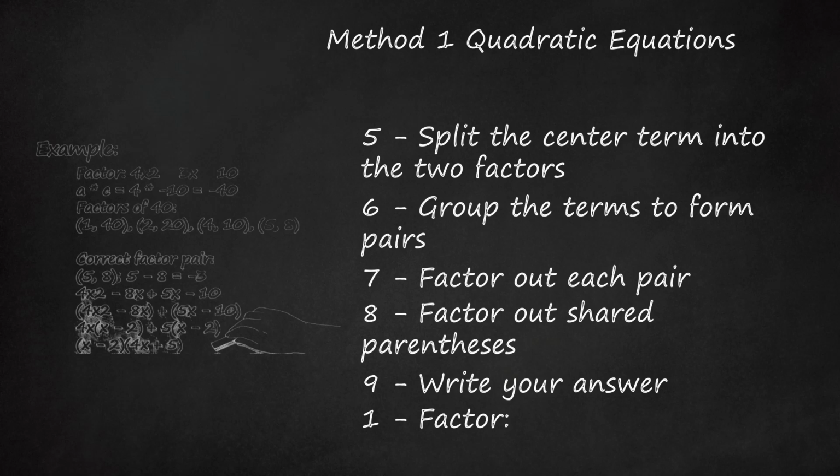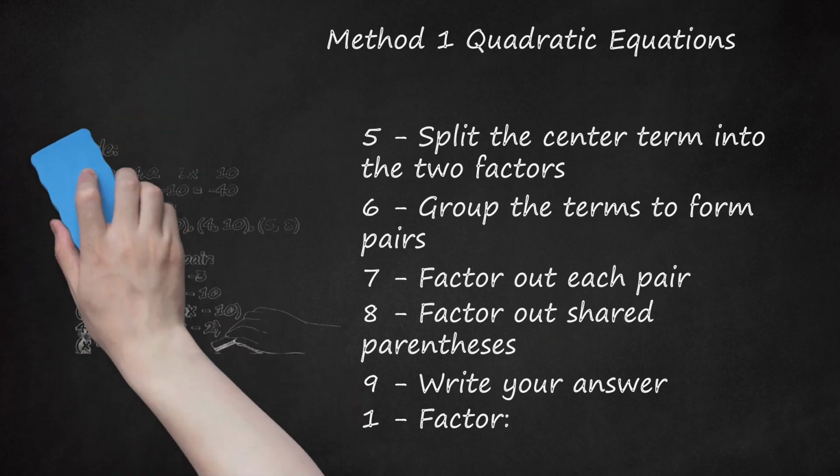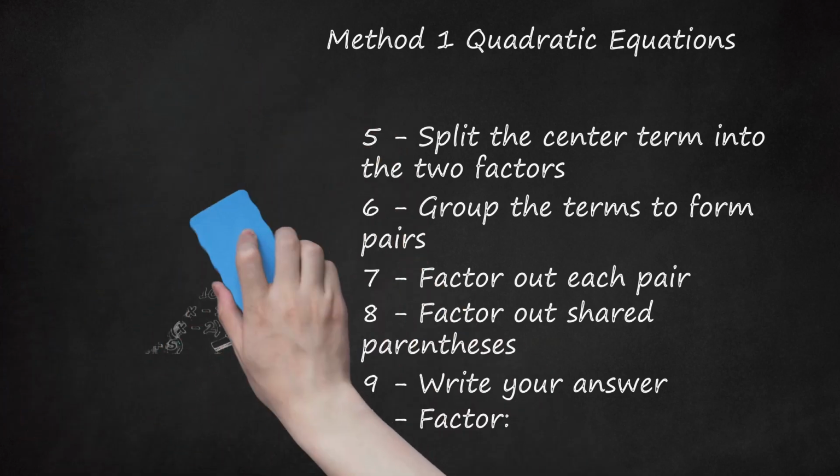Correct factor pair: 5 and 8, 5 plus 8 equals 13. 4x² plus 8x plus 5x plus 10. (4x² plus 8x) plus (5x plus 10). 4x(x plus 2) plus 5(x plus 2). (x plus 2)(4x plus 5).